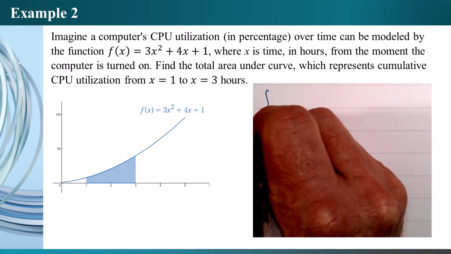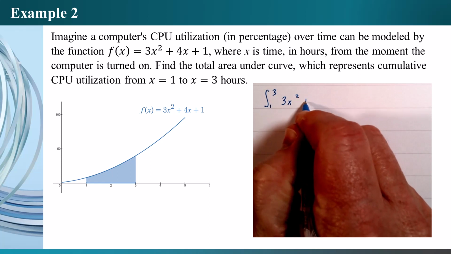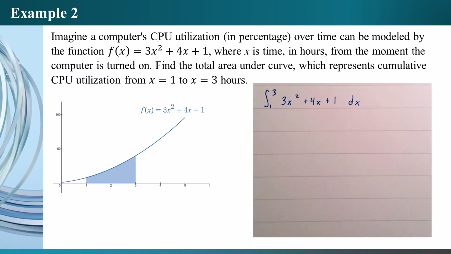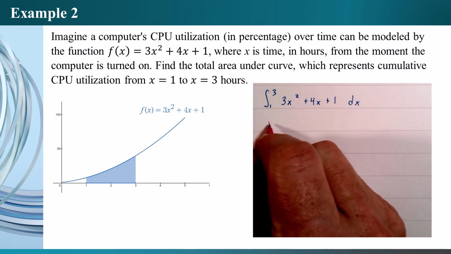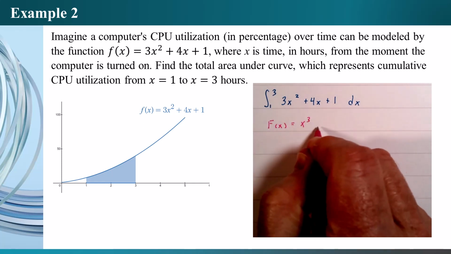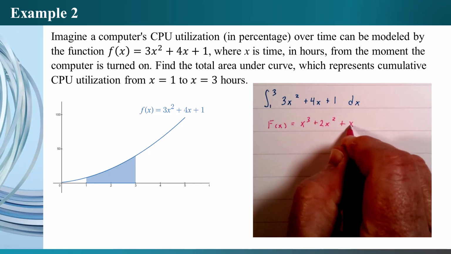Okay, to do this, we need to find the definite integral from 1 to 3 of 3x squared plus 4x plus 1 dx. An antiderivative of 3x squared plus 4x plus 1 is capital F of x, which is equal to x cubed plus 2x squared plus x.